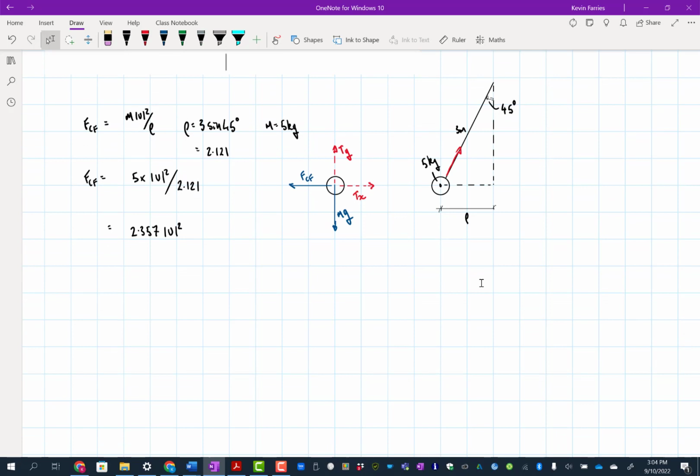Now, what else can we do here? Well, we can figure out mg as well. mg is equal to 5 times 9.81, which is equal to 49.05.